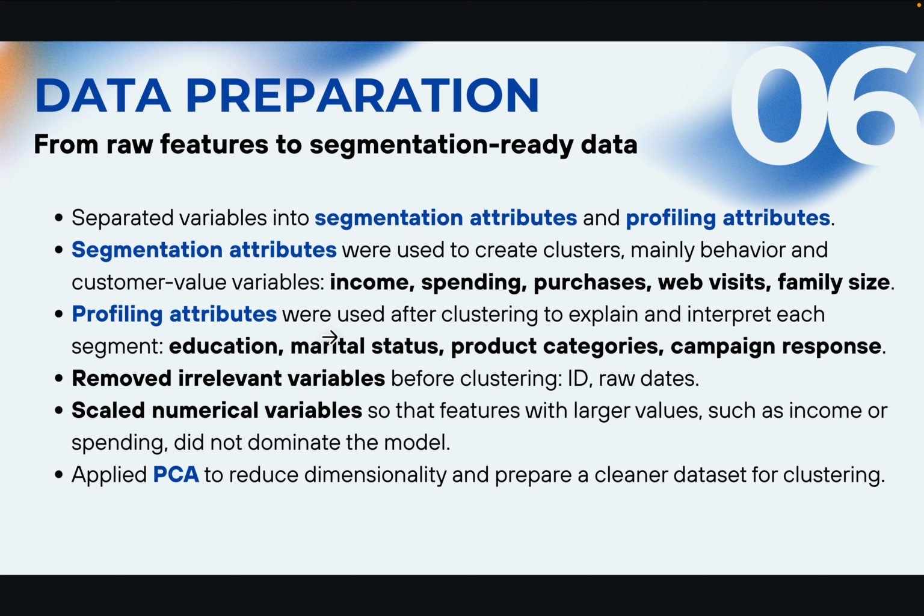The next one is profiling attributes. They are not necessarily used to form the clusters, but they are used after clustering to explain the segments. These include education, marital status, product spending categories, and campaign responses. I also remove some irrelevant variables, including the customer IDs as well as the raw data fields.